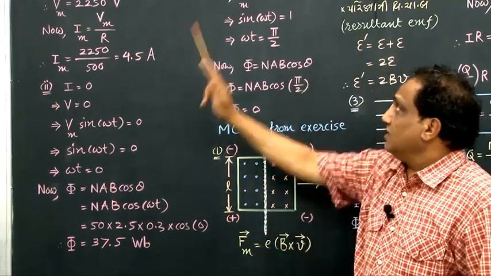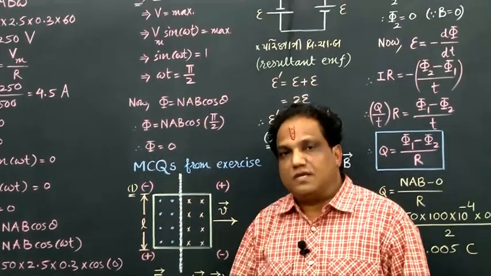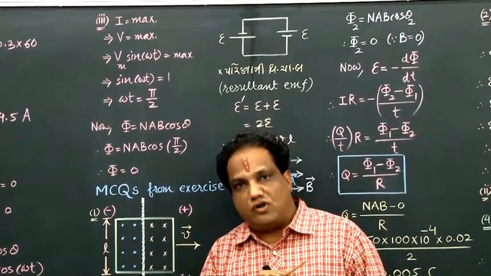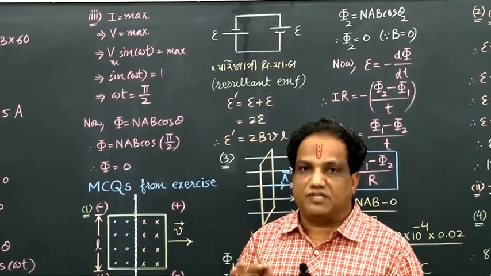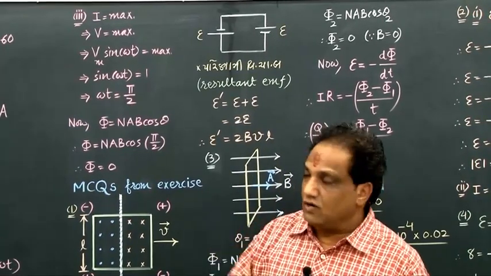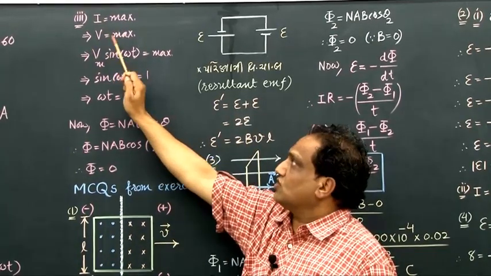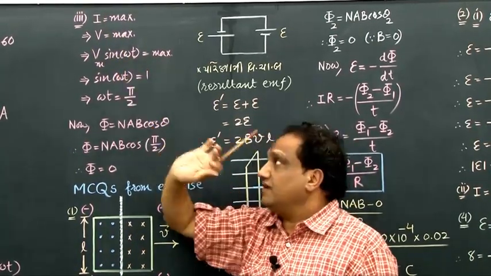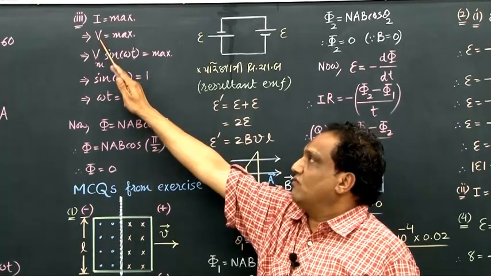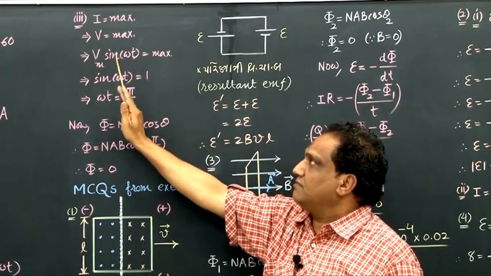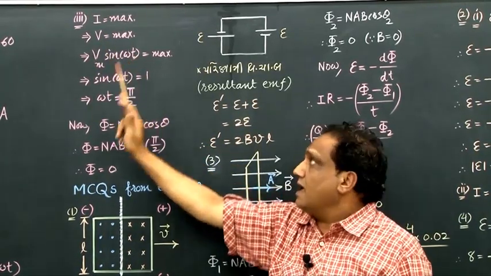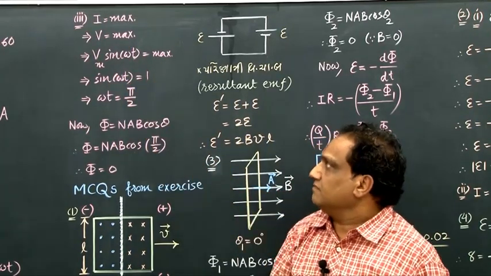Correct? Now in the third section they have asked the magnetic flux linked with the coil when maximum current passes through the coil. Let us find out. When current is maximum, naturally voltage also will be maximum. Fine. What is the formula for alternating voltage? V equals Vm sine of omega t, and that equals maximum.